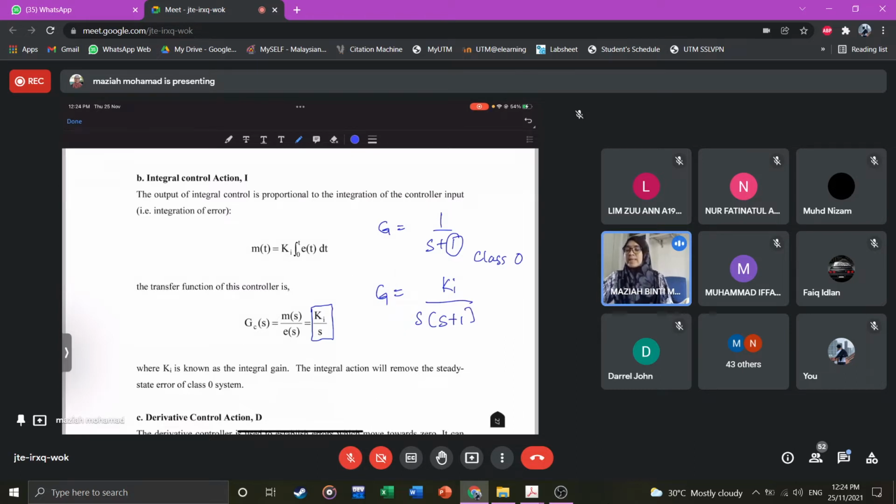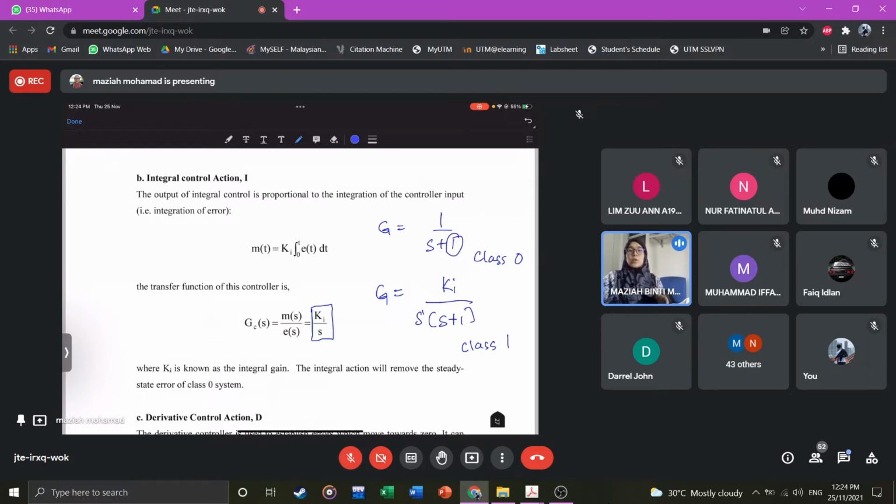We can see here the transfer function has now become class 1, because the highest order of S in the denominator is 1. So we can expect that the error will become 0.